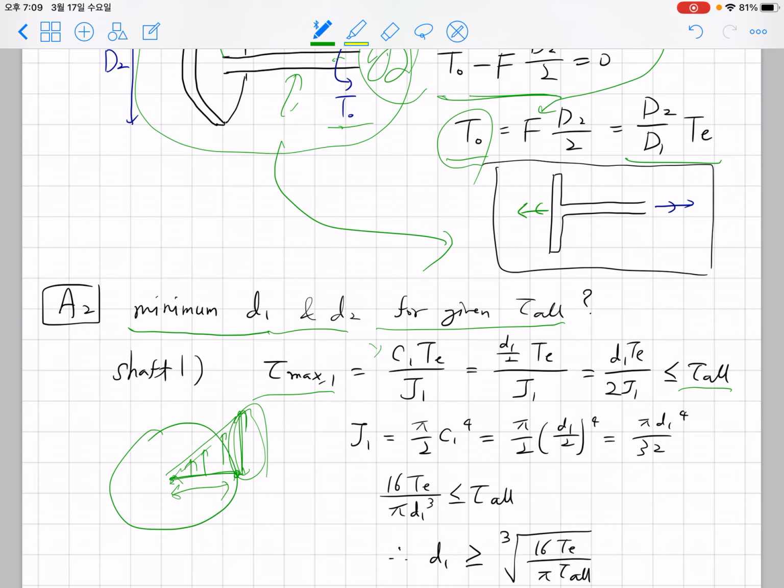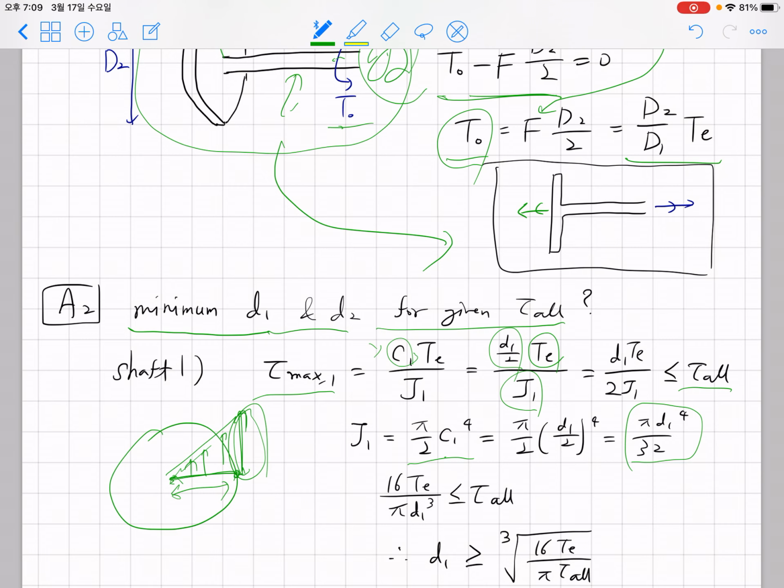If we obtain the expression for maximum stress, it can be written as C1 times T divided by J1, where C1 is the radius, and the radius is D1 over 2. This is the radius of the first shaft, and T is the torque exerted by the engine, and J1 we can obtain from the previous lecture, which gives us pi over 2 C1 to the fourth power. Okay, and C1 is D1 over 2, so we can obtain the expression for J1.